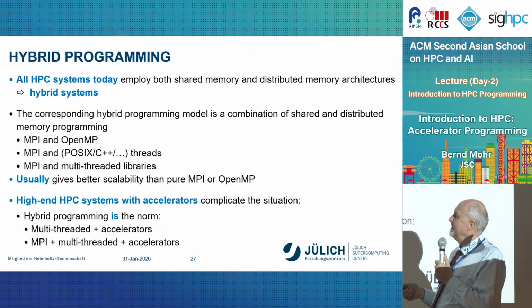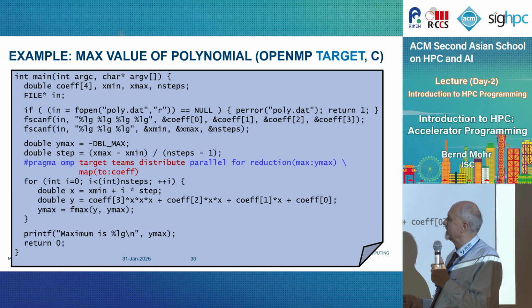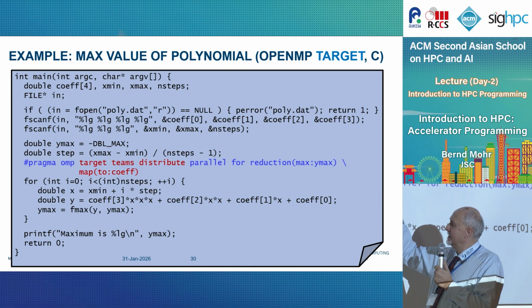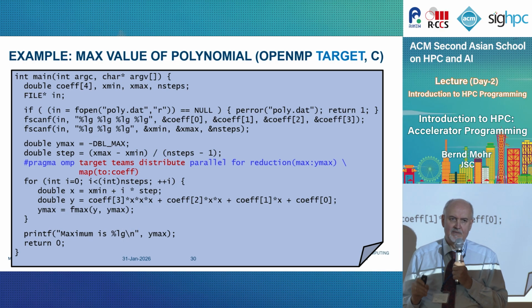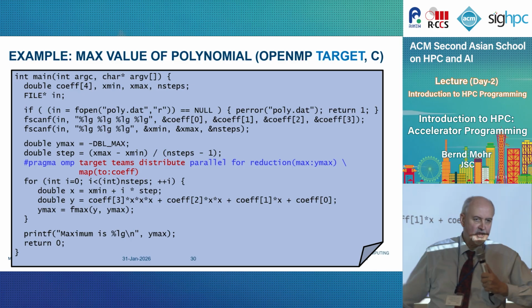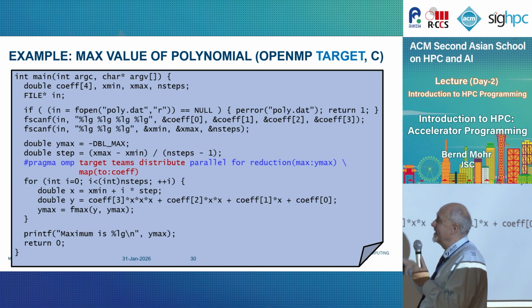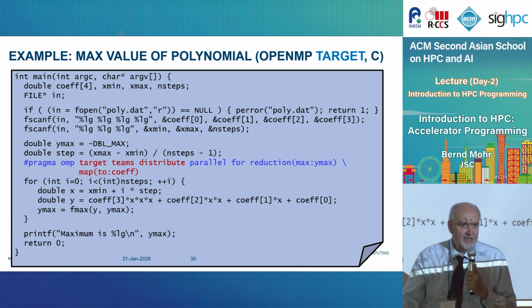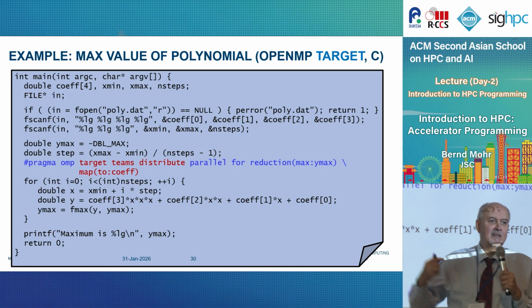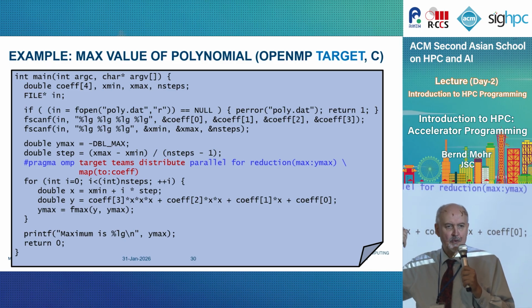Meanwhile, there is an OpenMP version, which is more standard, and more and more compilers are doing a good job of it. I would personally recommend to try OpenMP target.